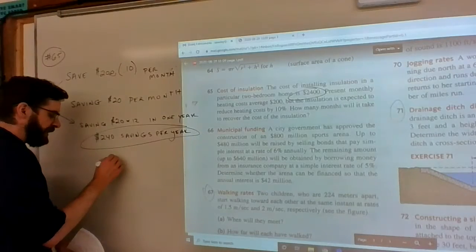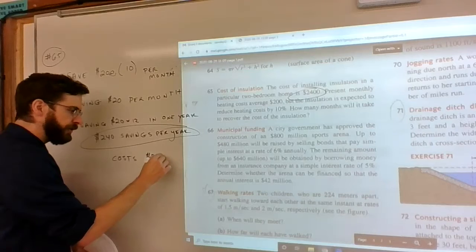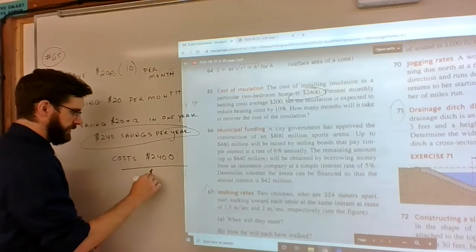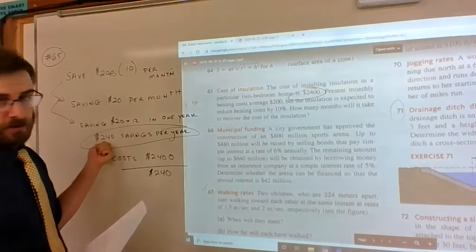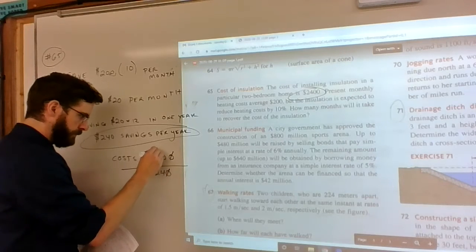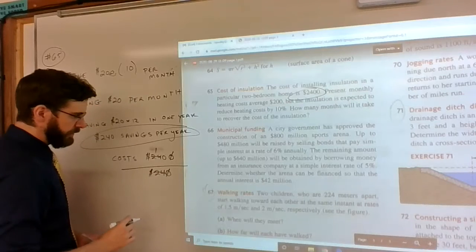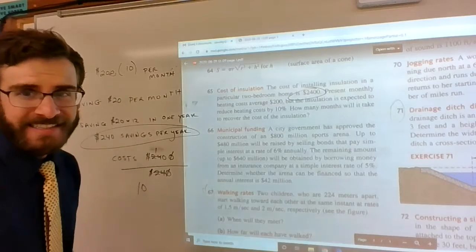So if it costs $2,400 and you divide that by $240, looks like it's going to be 10. 10 years?